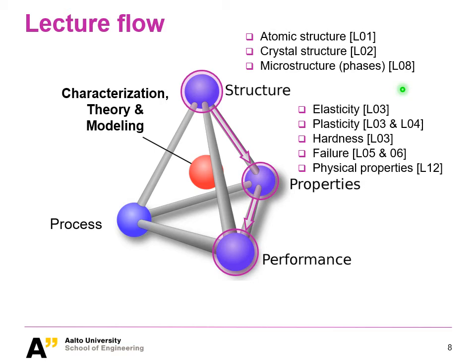Because properties is something we try to define on a single level or single material. But when we talk about performance, usually it is an integrated level. So we're not just talking about brittle failure, we will talk about brittle and ductile, we will talk about fatigue altogether for one material.